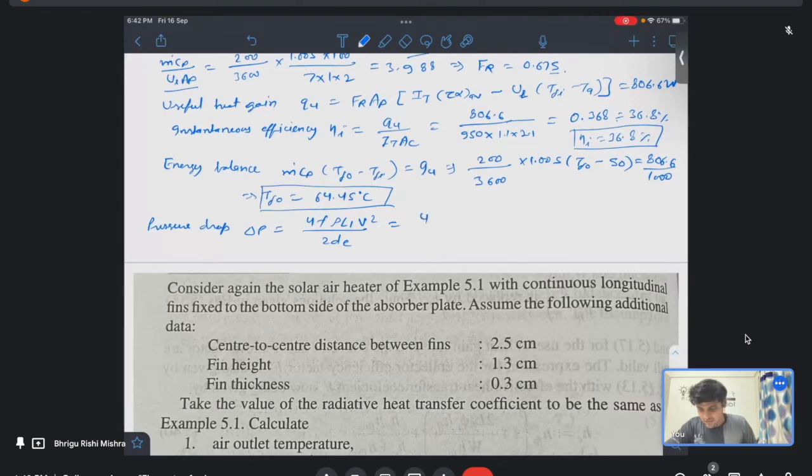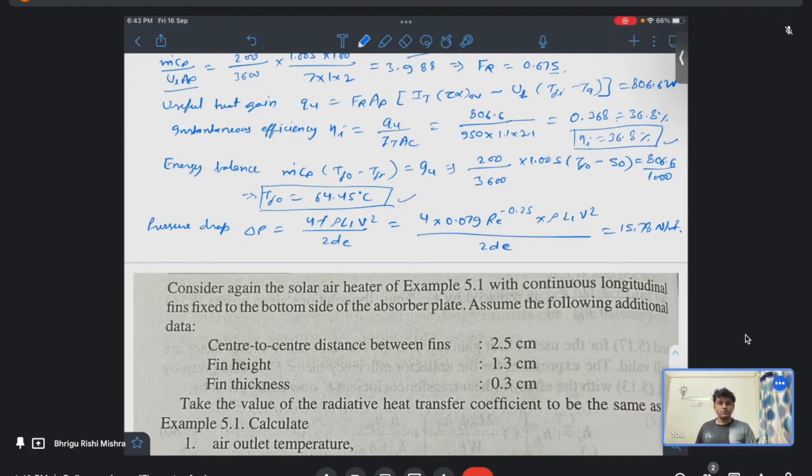F expression is 4 into 0.079 Reynolds number to the power minus 0.25, into rho L1 V square by 2D. We have all the values. If we put them in, the answer is 15.78 Newton per meter square. So here we need to remember these two important quantities. First one is the efficiency and the second is the output temperature, TF.